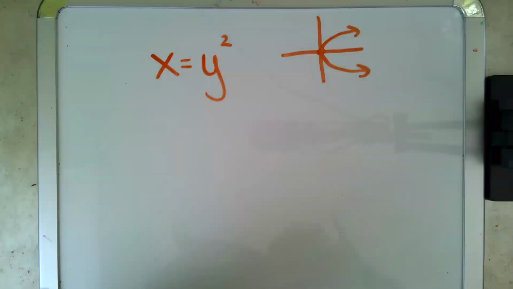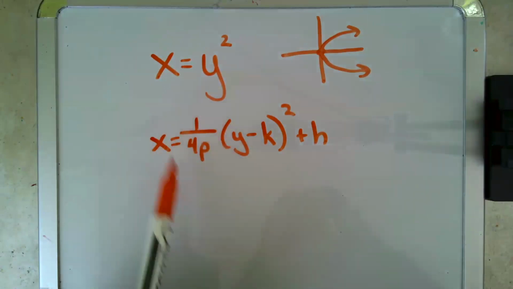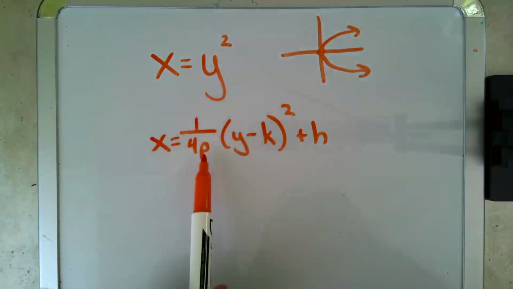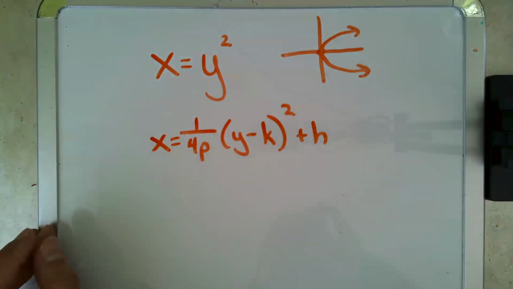Then if we want to take this parent equation and incorporate the idea of vertical stretches or shrinks and of translations of the vertex, our new parent equation would look like x equals 1 over 4p. That's our a, written with p being the distance between the vertex and the focus and the vertex and the directrix.